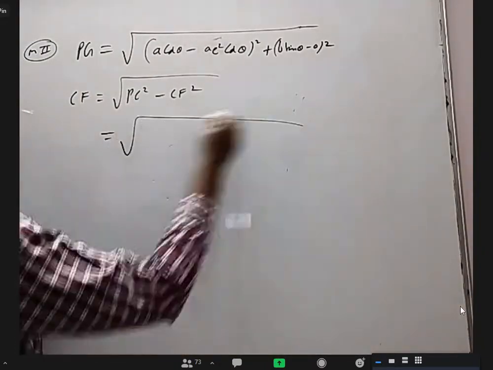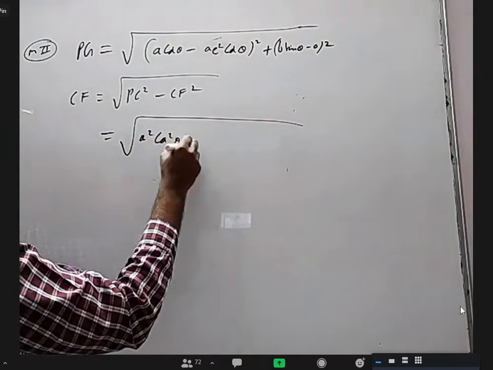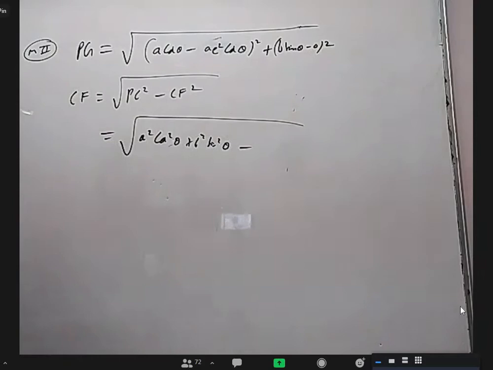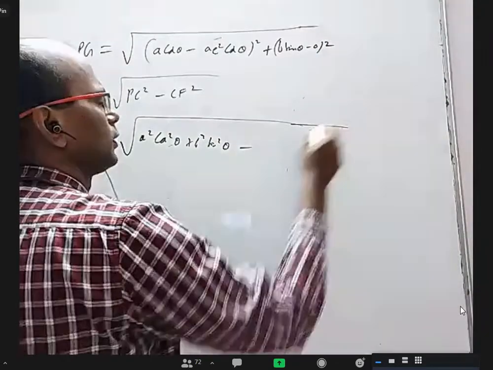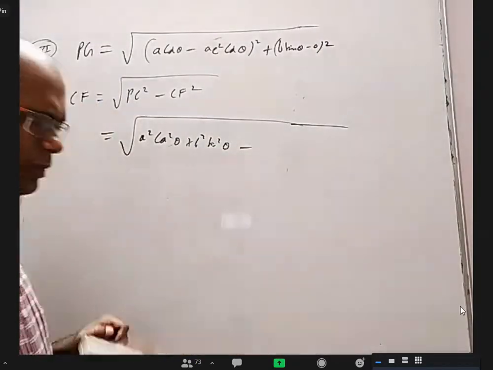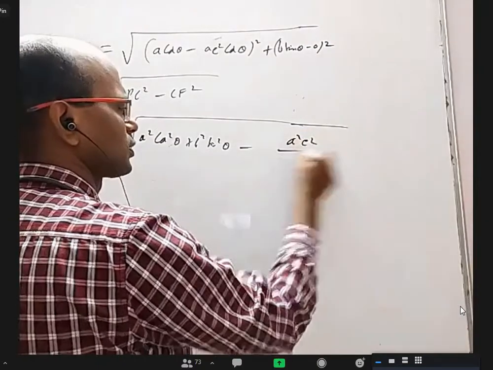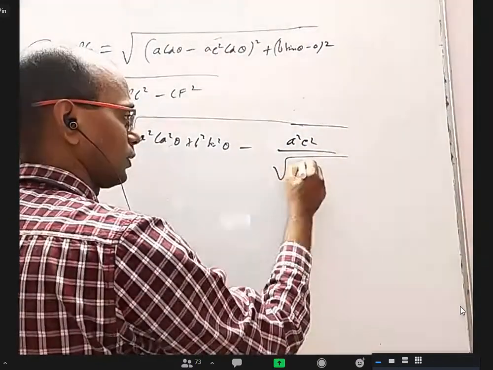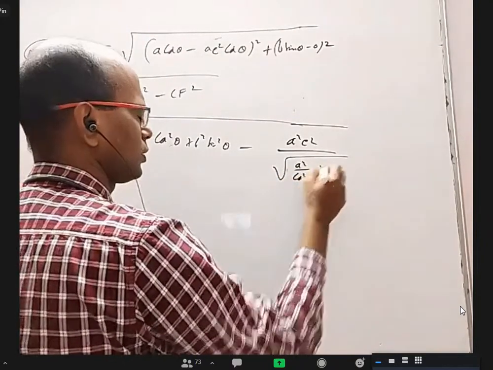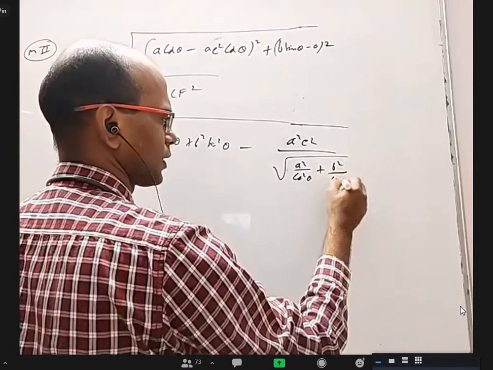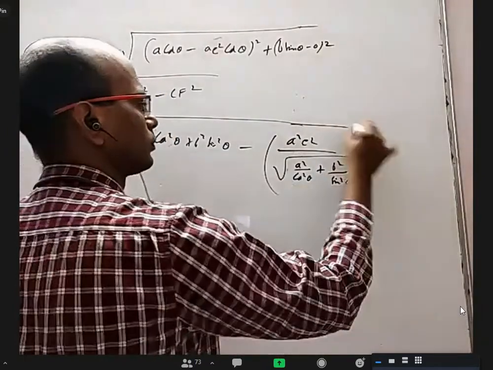What is BC? A square cos square theta plus B square sin square theta. CF means from origin perpendicular distance to normal. What is the normal? AX by cos theta minus BY by sin theta equal to A square E square. So A square E square by root over A square by cos square theta plus B square by sin square theta whole square.